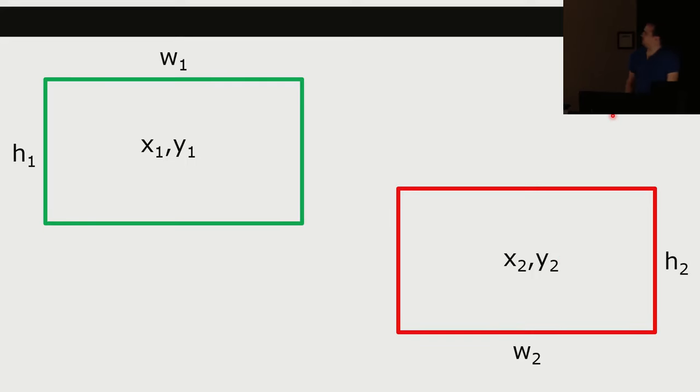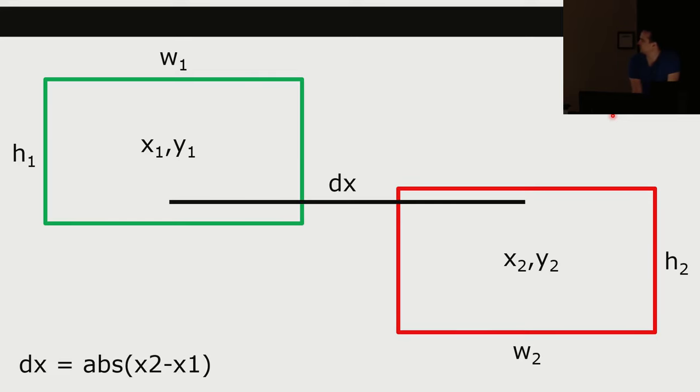If I want to tell if there is this horizontal overlap between two things, then I'm going to do the following calculation. I'm going to take dx, which is the distance between the centers in the x-axis, and that is just x2 minus x1, and take the absolute value of that.